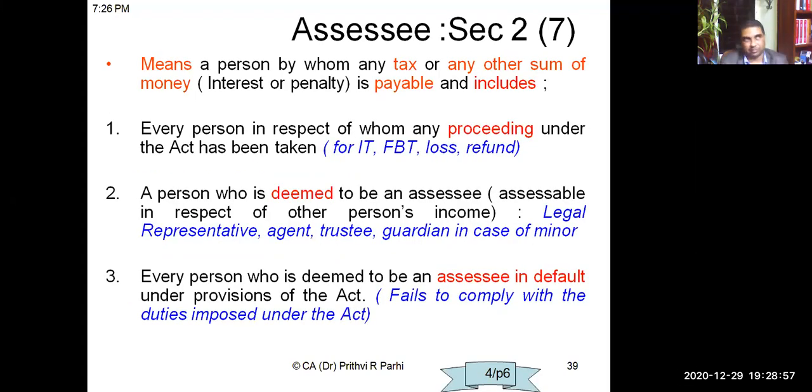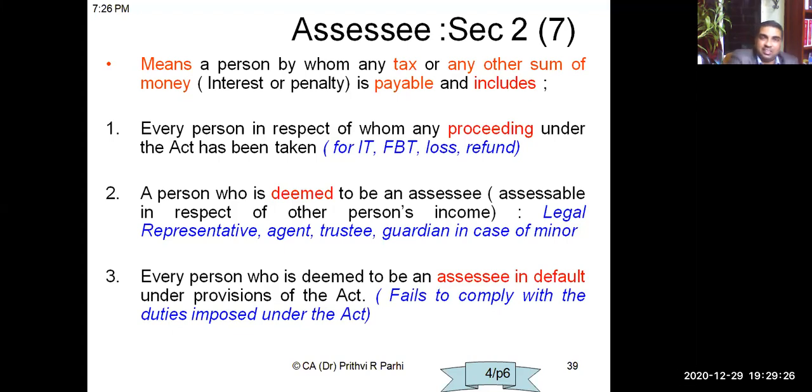Right. And if the person's income exceeds the basic exemption limit, that person will be called an assessee. But at that time also, I had told you there are other categories of assessees which are defined under section 2 clause 7. Now you see, this is one more definition which is exhaustive as well as inclusive.